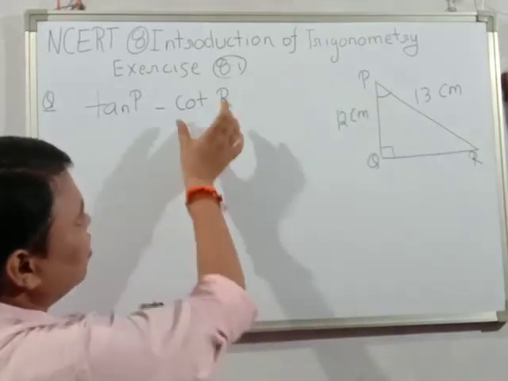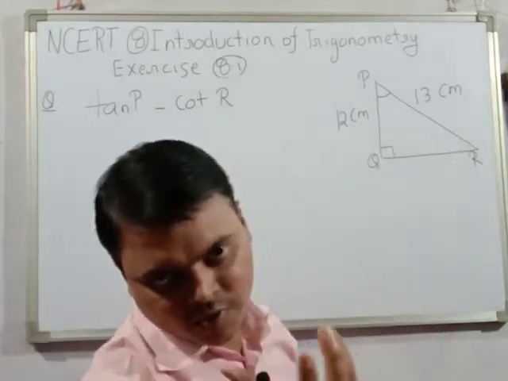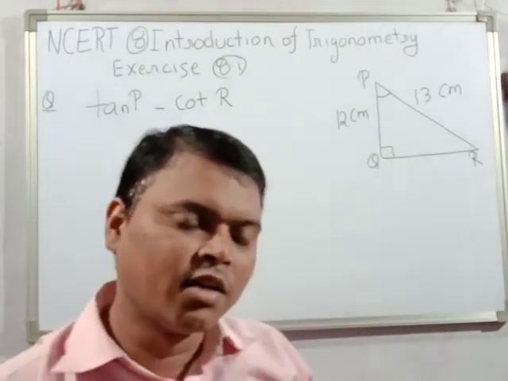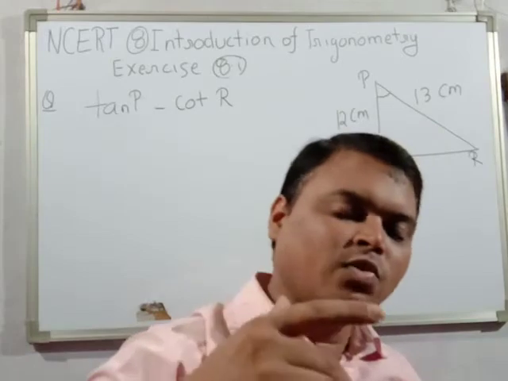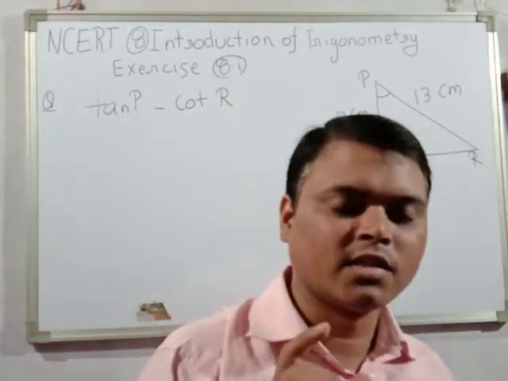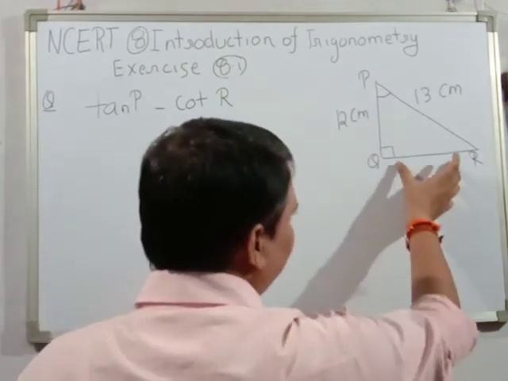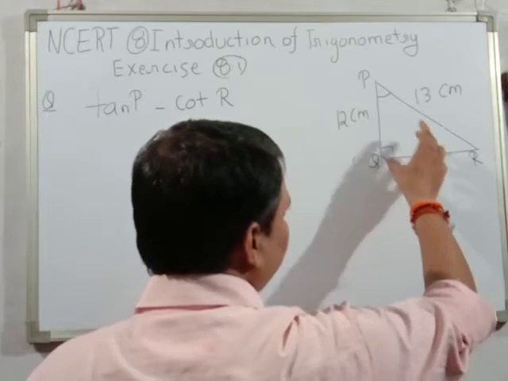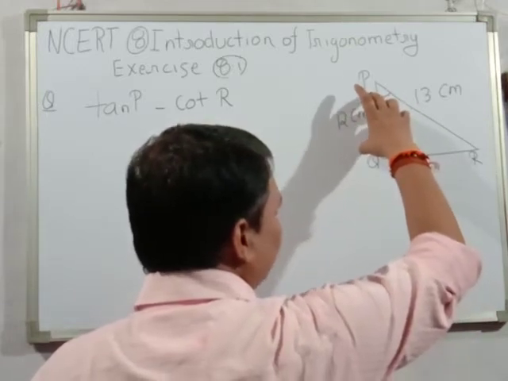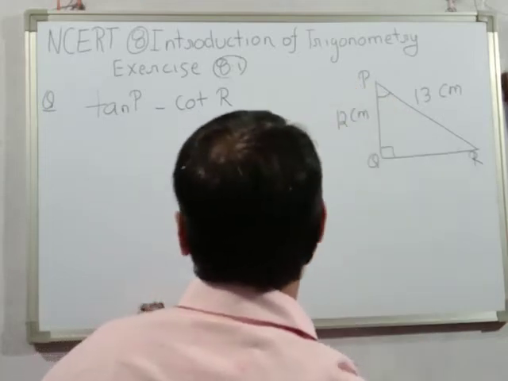Now for cot R, what is the formula of cot R? It is the side adjacent to angle R divided by the side opposite to angle R. The side adjacent to angle R is QR, and the side opposite to angle R is PQ.